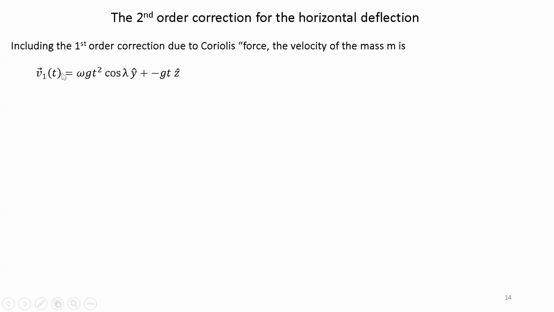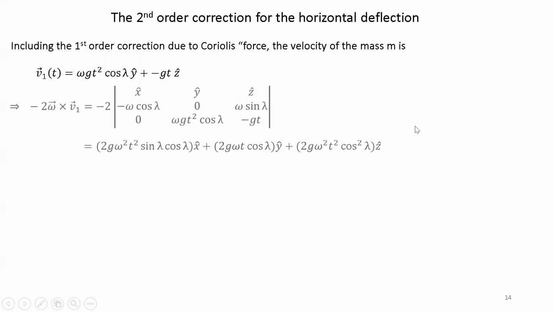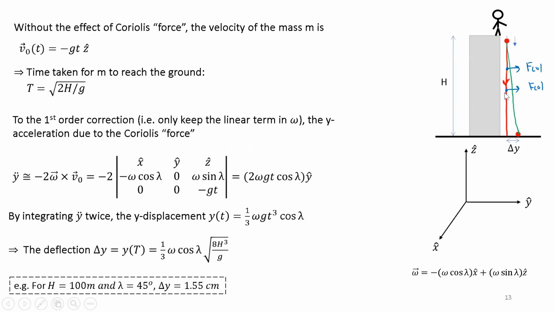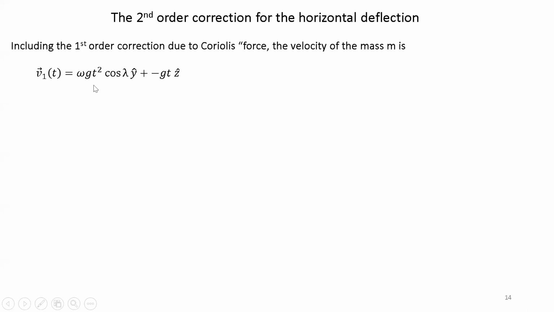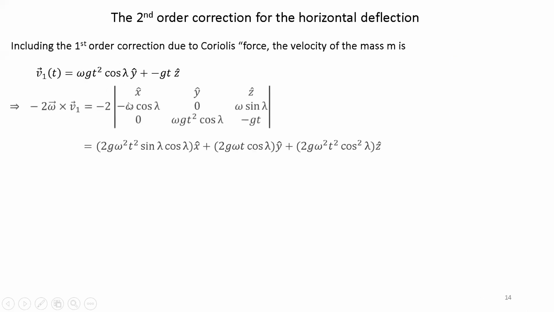So the velocity is mostly still in the z direction, the vertical direction, but with a little bit in the y direction. So that's why it's deflected. So now I'm going to put this into the Coriolis term again, so do the cross product one more time.